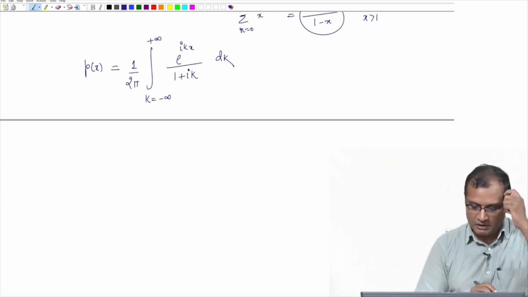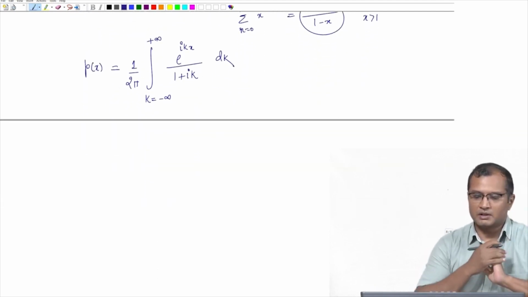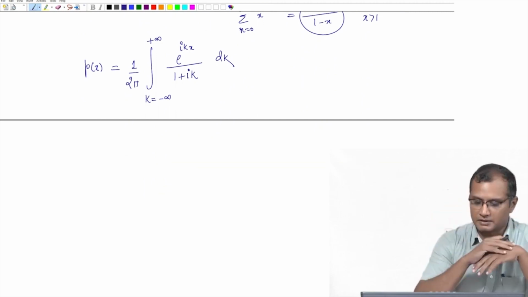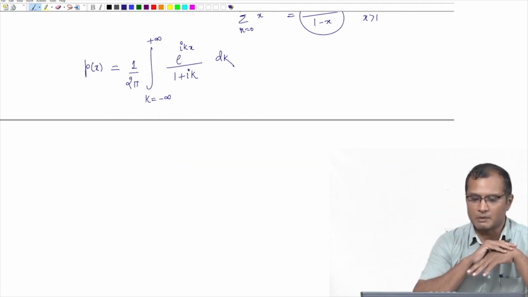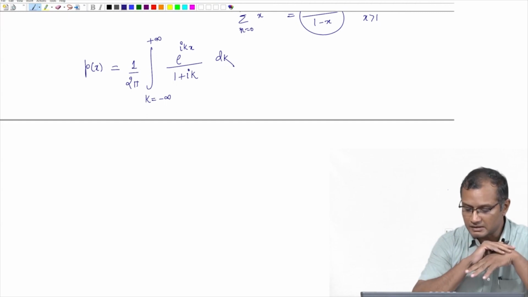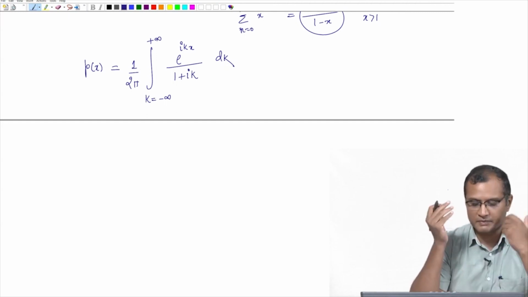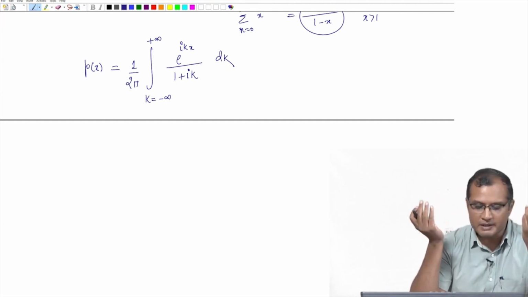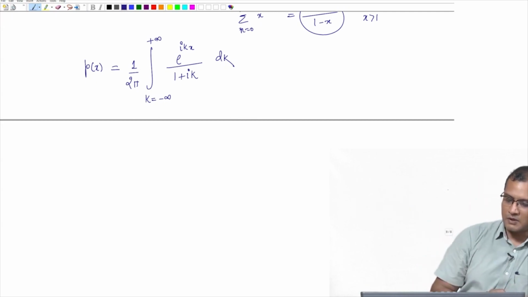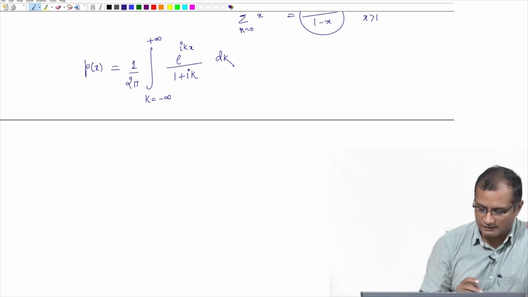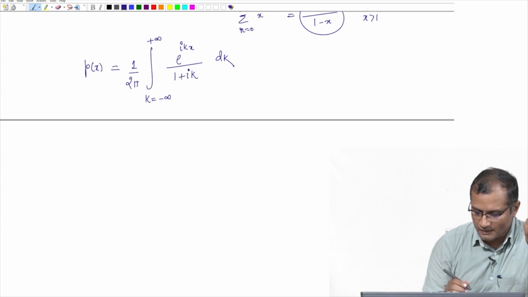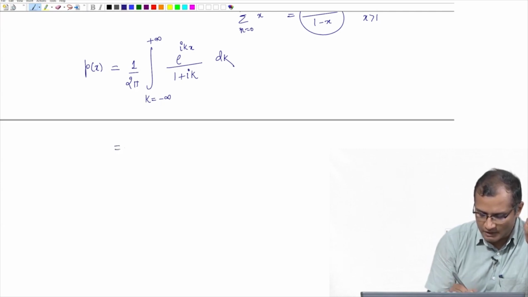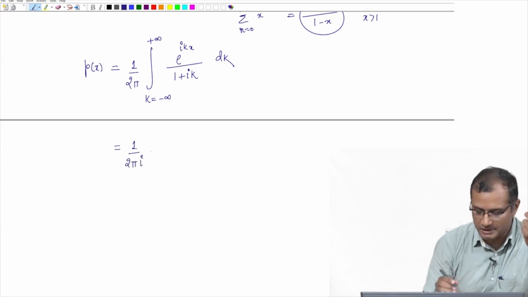So, we need to invoke some well known tricks from complex variables, and they are very easy tricks. I call them absolutely essential, because they make life very easy in computing integrals. So, I can compute this integral, but before that I just want to recast it in a slightly favorable guise.